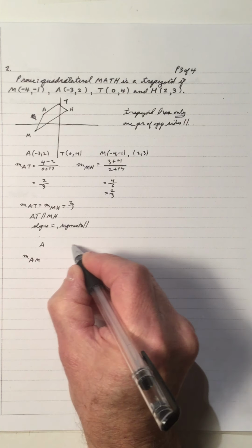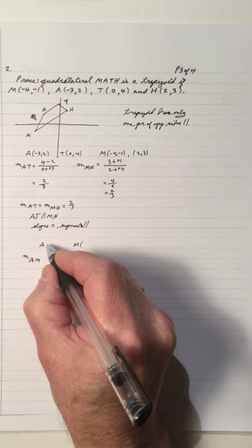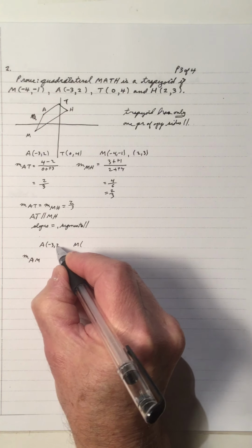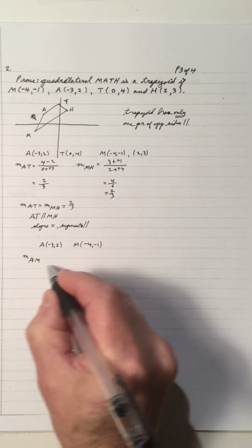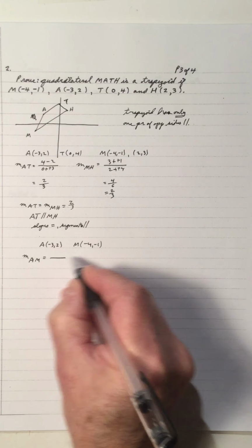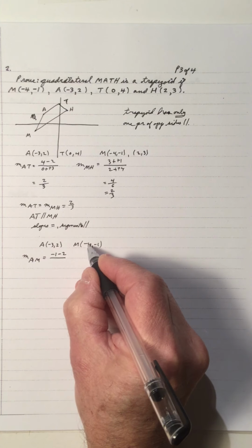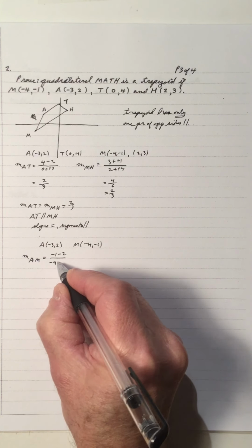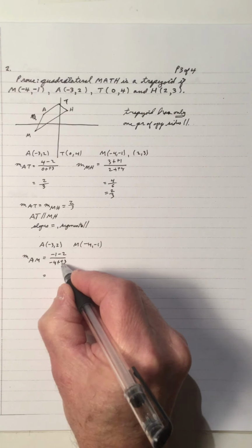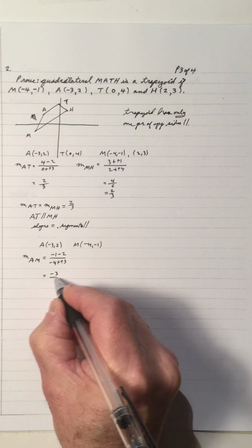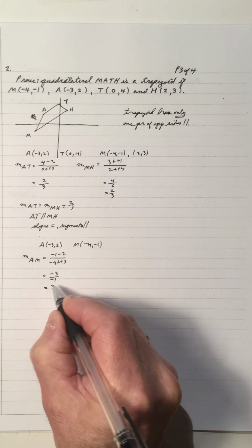So A and M. A is -3, 2, and M is -4, -1. Again, y2 minus y1 over x2 minus x1. And we have a double negative, so that's -3 over -1, which is 3.